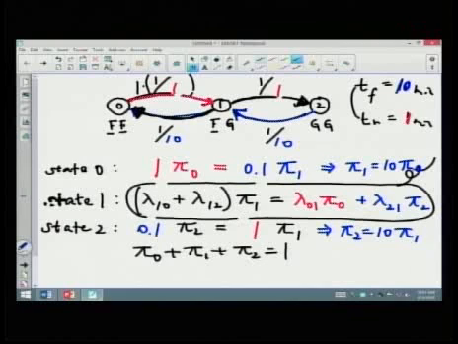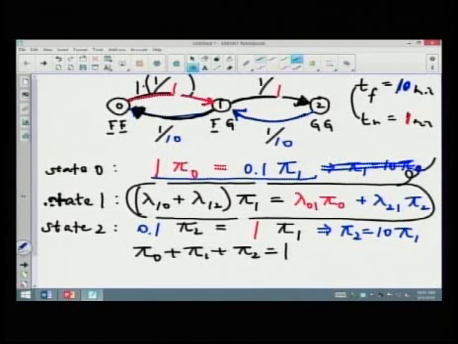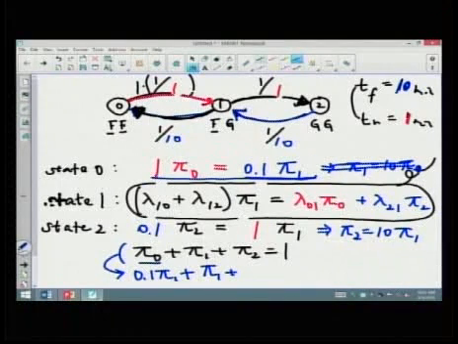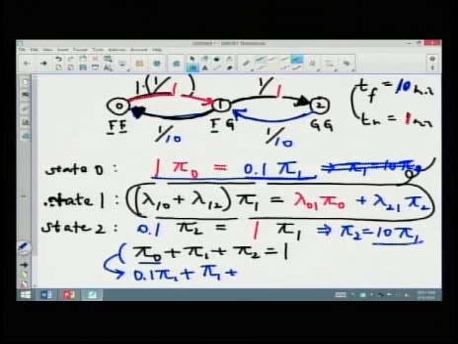Or we don't even need to do this. We can simply use this. Down here, this can be rewritten as, instead of pi 0, 0.1 pi 1, plus pi 1, plus, instead of pi 2, 10 pi 1.